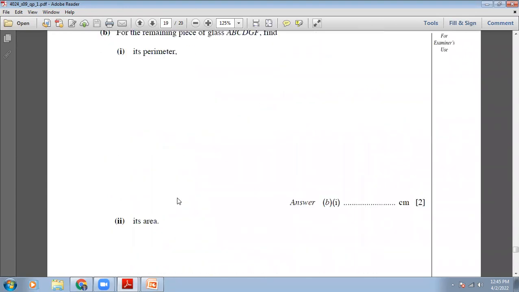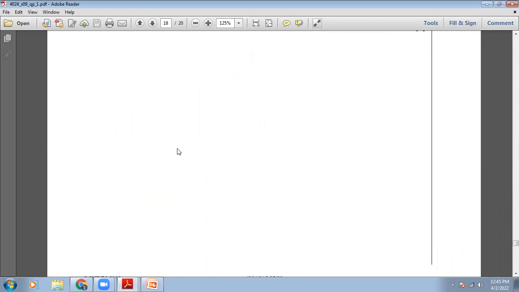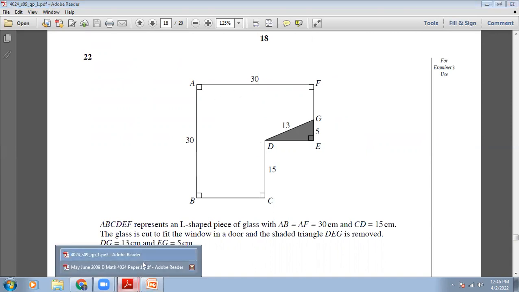Okay, so the next question is, for the remaining piece of the glass, A, B, C, D, G, F, find its perimeter. This is 30, this is 12, so this will be 18. And this whole thing is 30, this is 15, this is 5, so this will be 10.